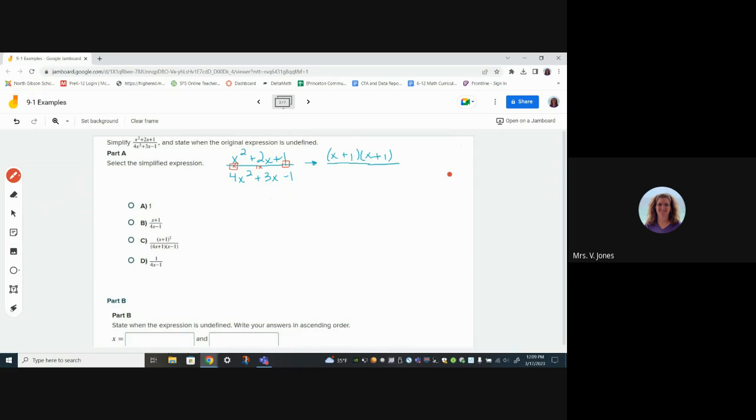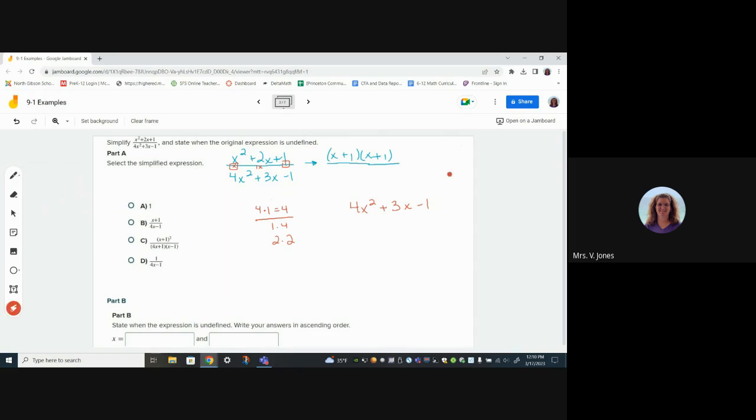So I'm going to factor out the 4x squared plus 3x minus 1. In order to factor that out, I'm going to use the factor by grouping method. That is where we take the first term and the last term, just the numbers, and we multiply those together. So 4 times 1 equals 4. Then we write the factors for that, 1 and 4 and 2 and 2.